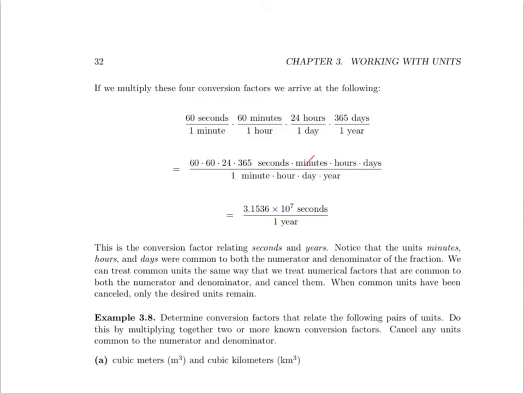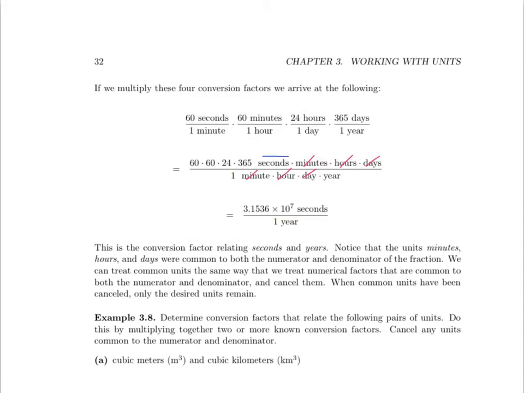Similarly, we can cancel the minutes. Hours also appears in both the numerator and the denominator. We can think of them as common factors that are eligible for canceling. The same thing also happens with days. Days occurs in both the numerator and the denominator and therefore should be eligible for canceling.